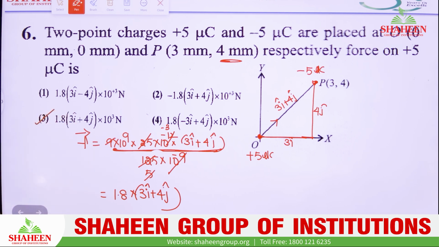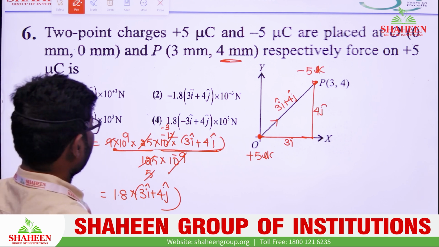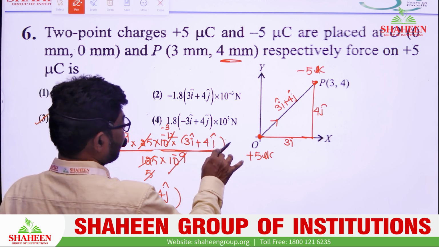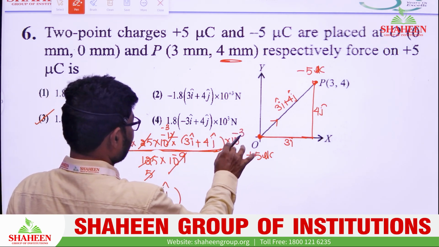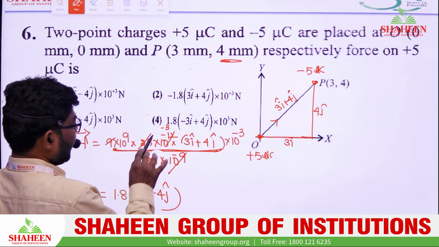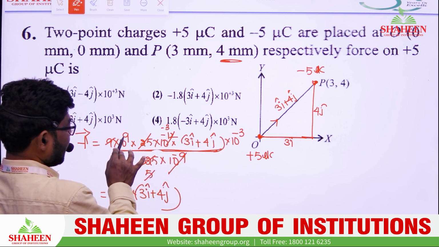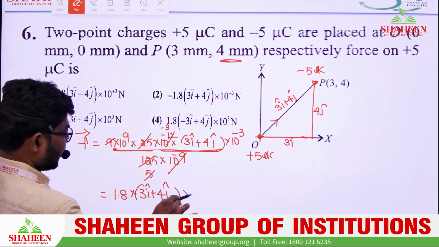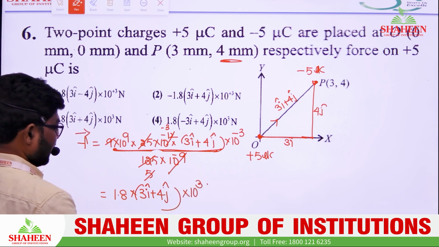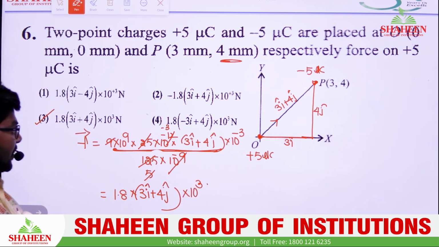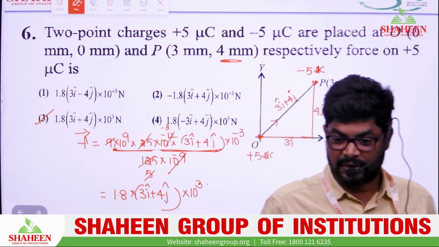You will get option 3. Please check it. It is in millimeter, so the powers are minus 3 minus 3 minus 6 plus 9 plus 3, giving 10 power 3. Yes, option C.